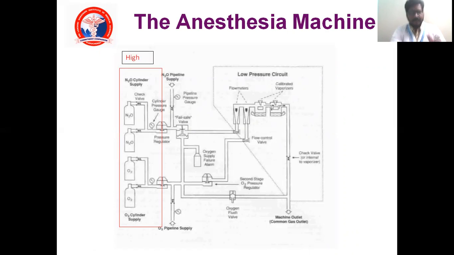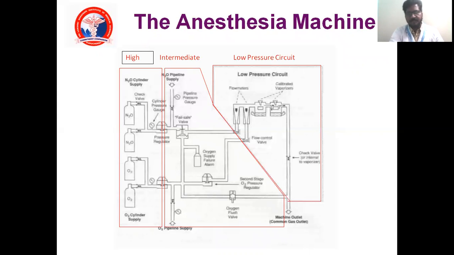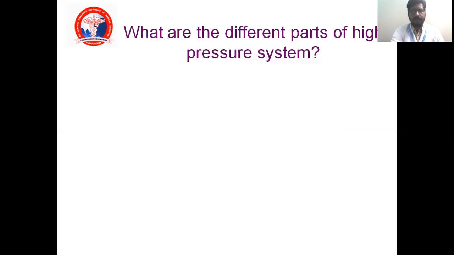The high pressure system starts from the cylinders. The intermediate pressure system starts from the pipeline oxygen supply, fail-safe valve, pipeline pressure gauge, second stage oxygen pressure regulator, and oxygen flush. And the low pressure system comprises flow meters, vaporizers, and check valve to the common gas outlet.